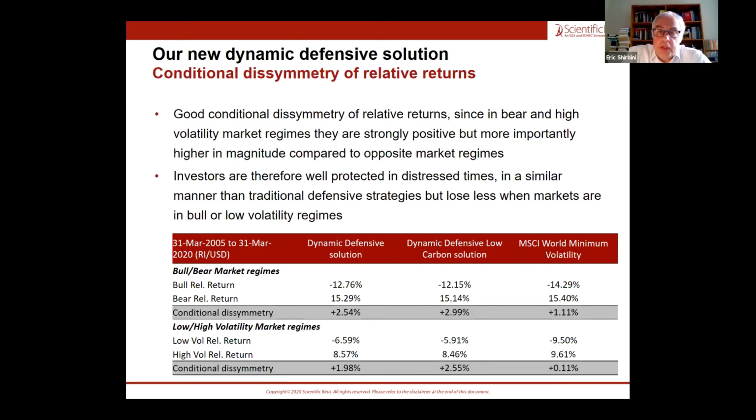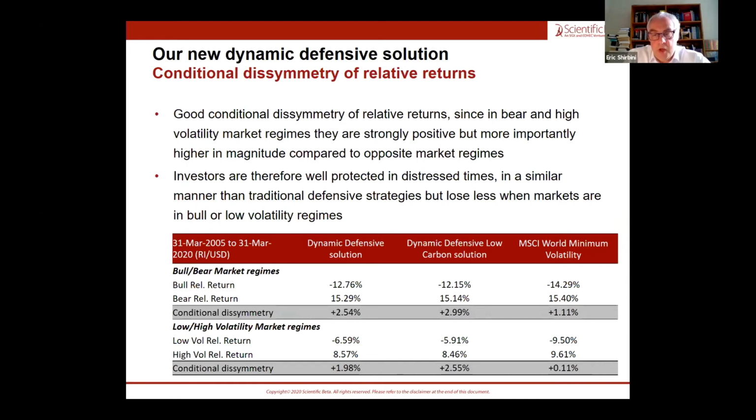Let's also have a look at the conditional asymmetry of relative returns. In other words, let's have a look at the relative returns of our strategy in a bull and bear market, and let's also have a look at the relative returns of the strategy in a low vol and in a high vol market. So we normally observe that in a bull market, low volatility defensive strategies tend to underperform.